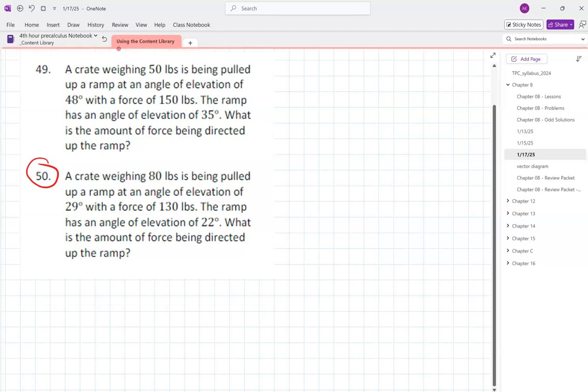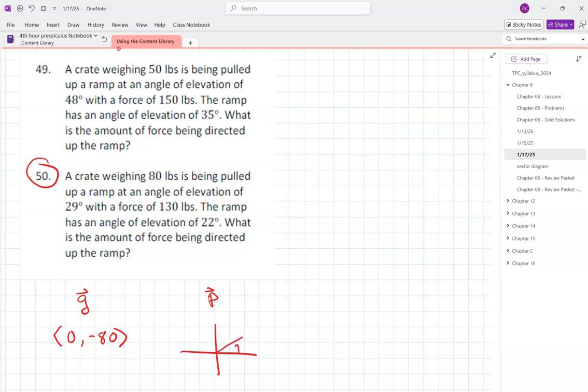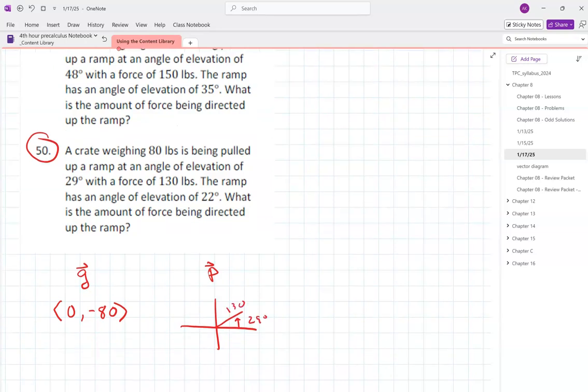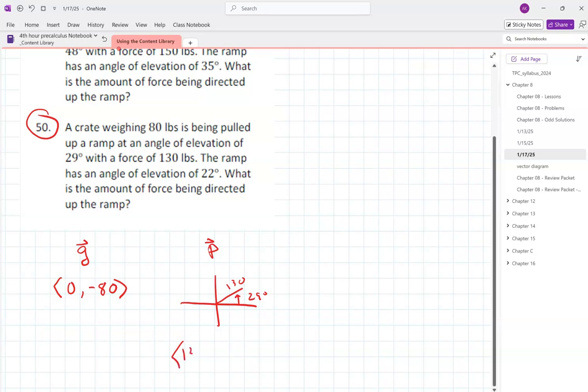So when I read this, I hear three vectors. I have a vector from gravity, like 0, -80. I have a vector from the pull, that would be 130 cosine 29, comma 130 sine 29.